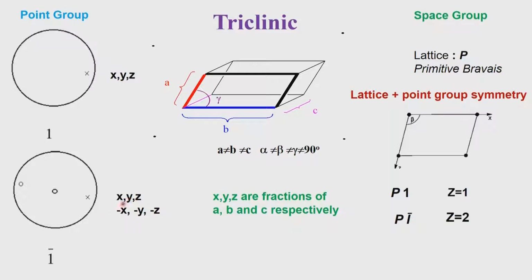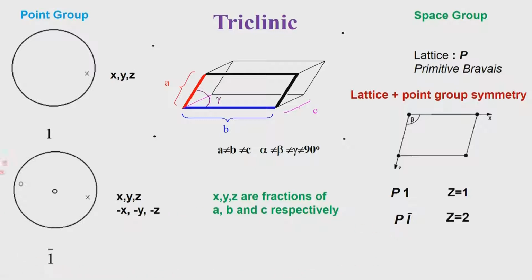These two are equivalent of each other from the symmetry operation, whereas x, y, z is by itself independent. That represents the asymmetric unit, the unit in which there is no symmetry operation, and when we operate with symmetry, it becomes the equivalent point in the space group P1 bar.